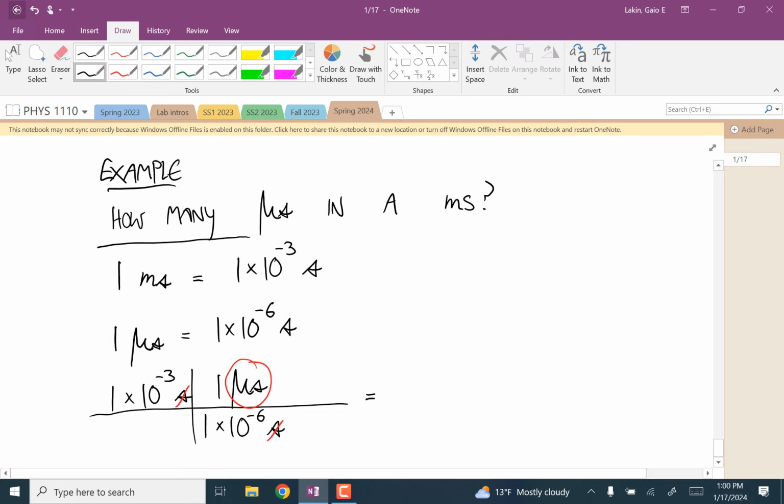We're subtracting negative 6, which is like adding 6. And so you end up with 1 times 10 to the positive third microseconds. So 1 millisecond is 1,000 microseconds. Anybody have any questions about that?